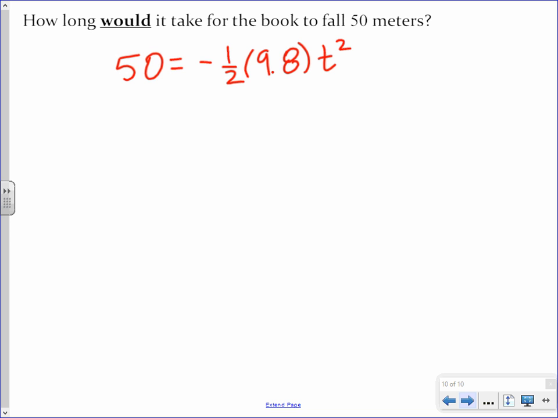So go ahead and do that in your calculator. The 50 would have to be negative because it has fallen below our point of origin. So it would need to be a negative 50. Thank you. So how long would it take?